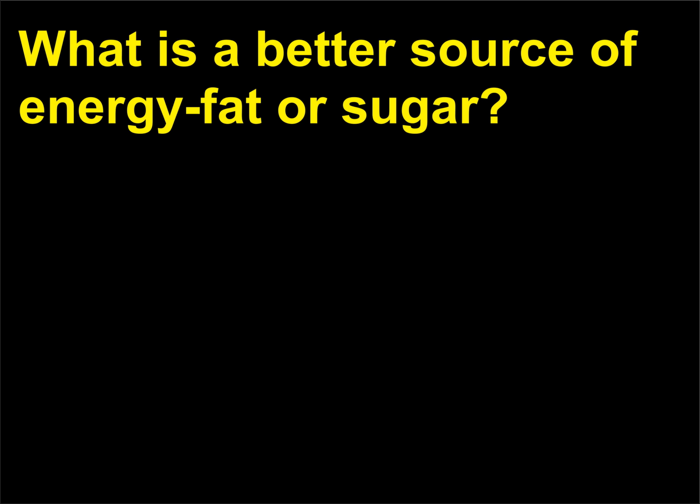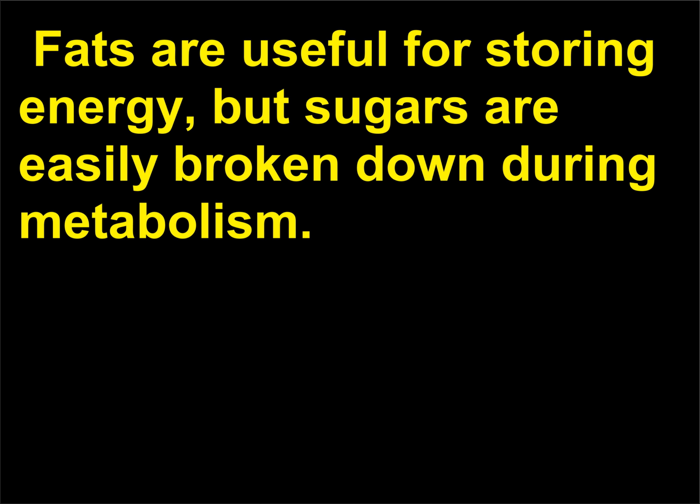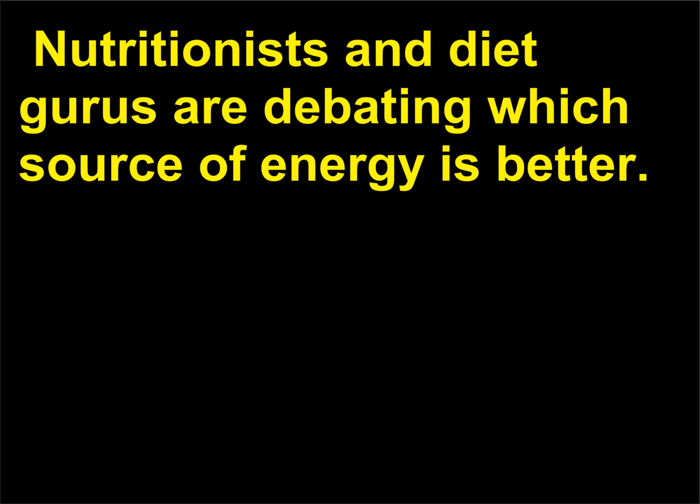What is a better source of energy, fat or sugar? Fats contain 9 kcal/g, while carbohydrates average about 4 kcal/g. Fats are useful for storing energy, but sugars are easily broken down during metabolism. Nutritionists and diet gurus are debating which source of energy is better.